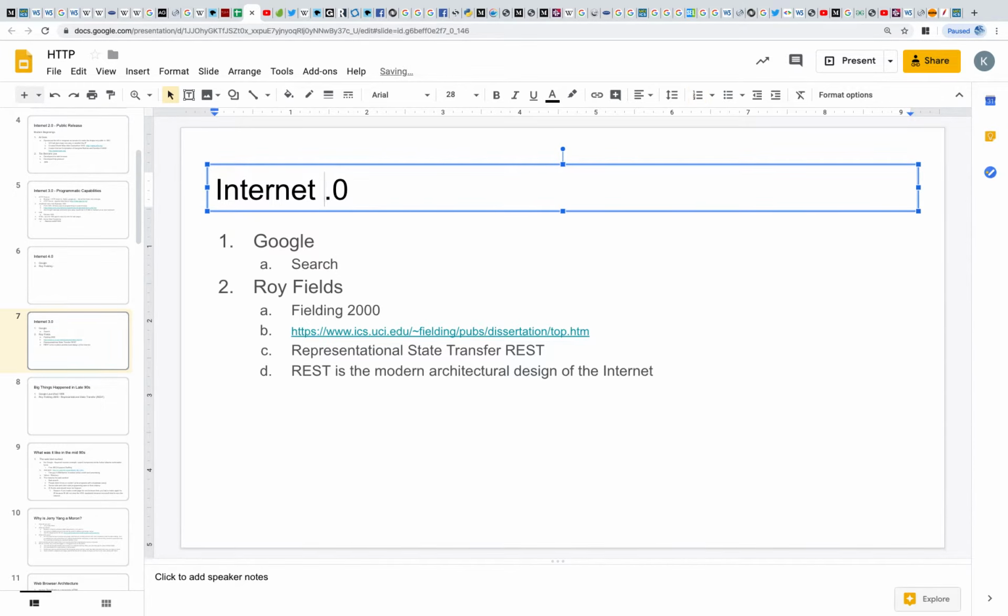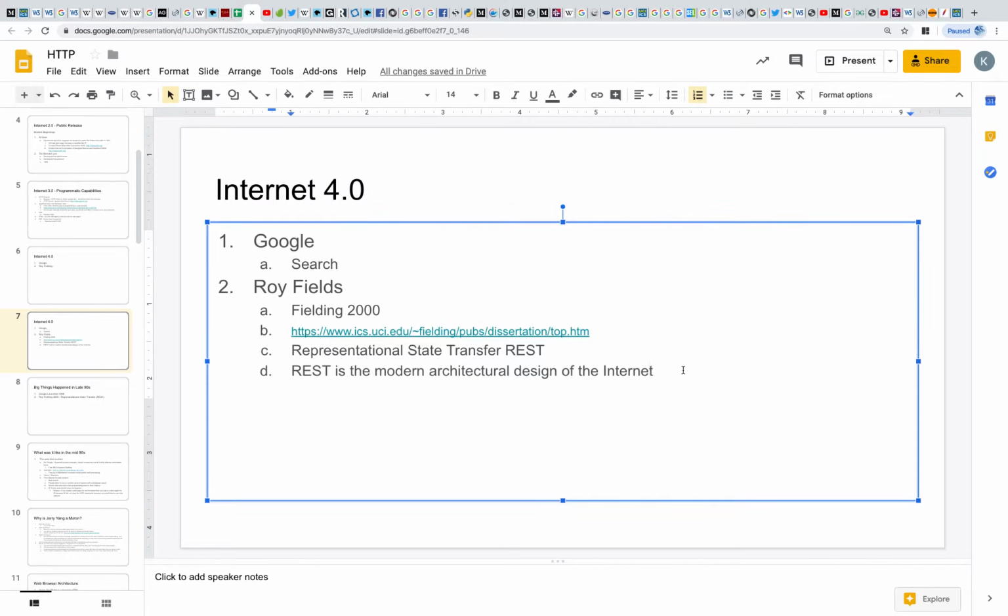All right, so Google handled the search. Fielding did the architecture of the internet, and with Roy Fielding's architecture design, we ended up with examples of new architecture.